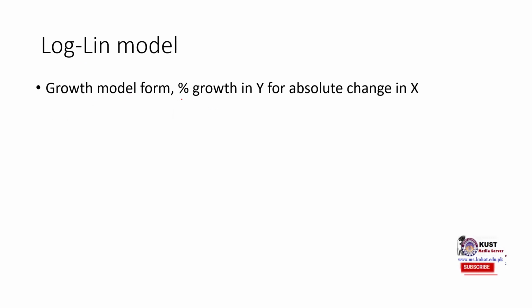It represents the percentage growth in y for an absolute change in x. Remember, it is log-lin, so the change in the dependent variable would be in percentage form, in the growth form, whereas the x variable would be in absolute form.